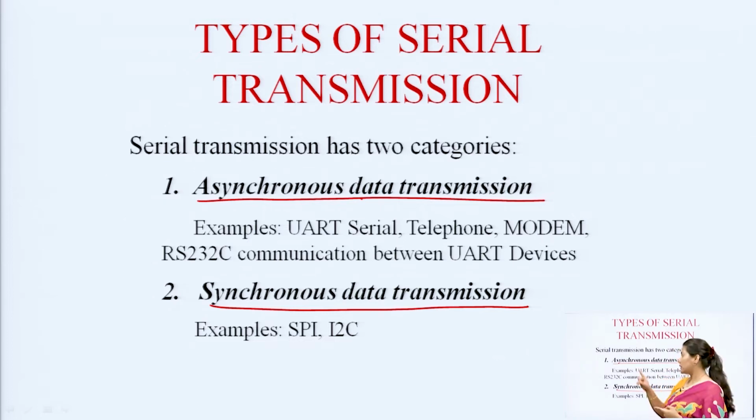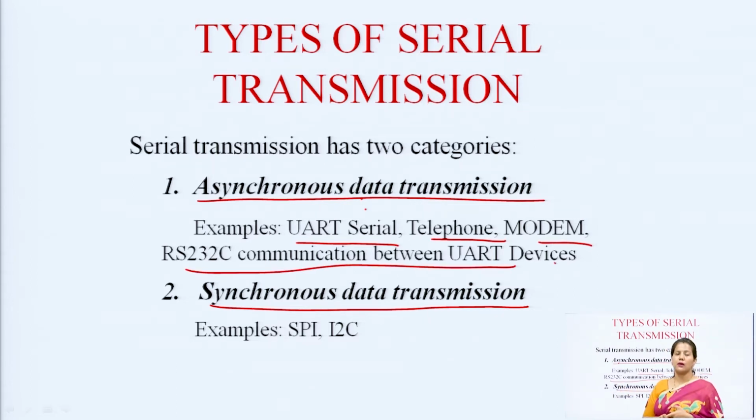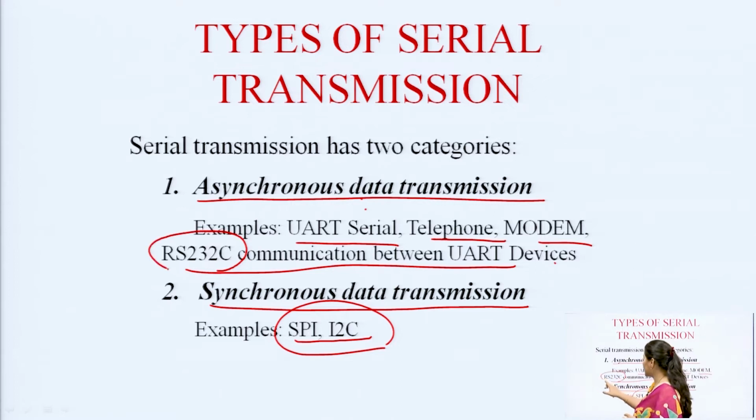So, asynchronous data transmission does not need a clock. Examples are UART, telephone, modem, RS-232 communication between UART devices. And the examples of synchronous data transmission are SPI and I2C. These we will cover in further lectures.